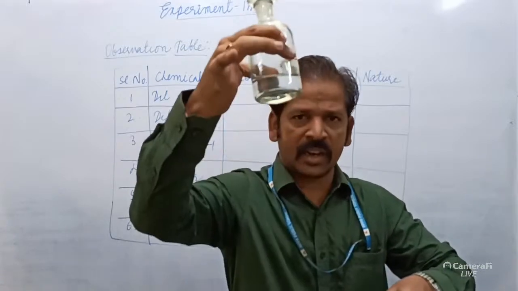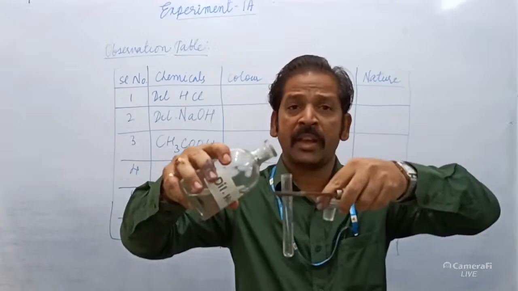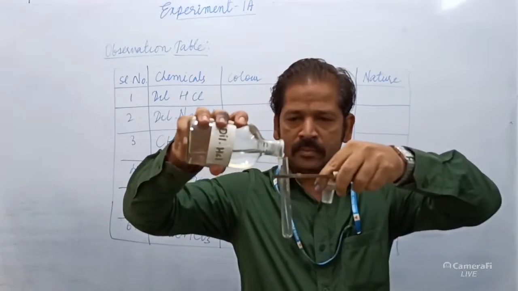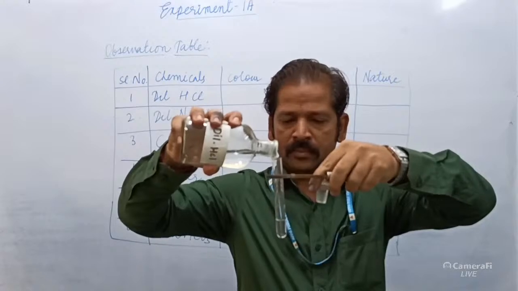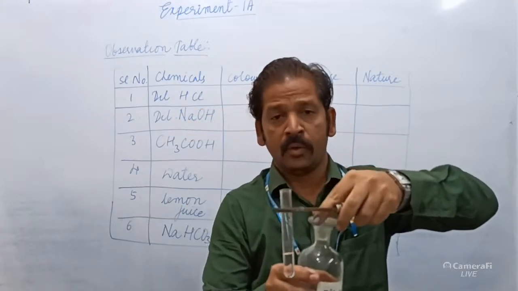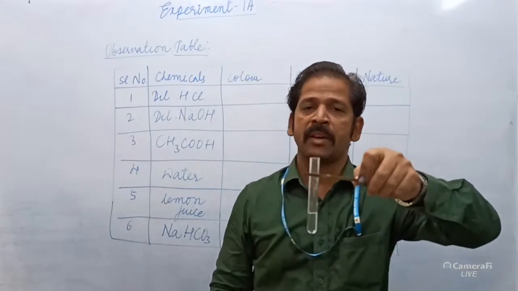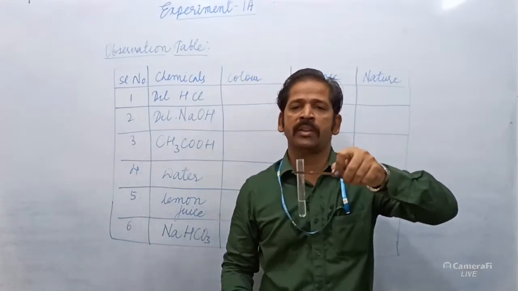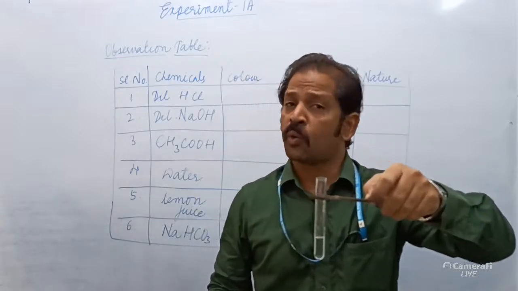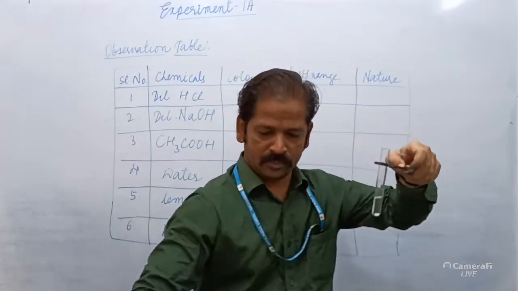We'll pour 2 to 3 ml of the solution. You have to compulsorily use this test tube holder because these chemicals are very corrosive in nature. Now I have to add 2 drops of universal indicator.